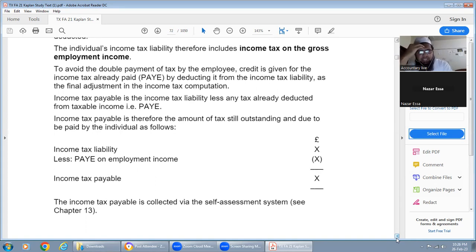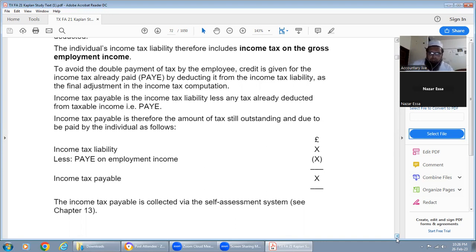Income tax payable is the income tax liability less any tax already deducted from the taxable income. Income tax payable is therefore the amount of tax still outstanding and due to be paid by the individual.